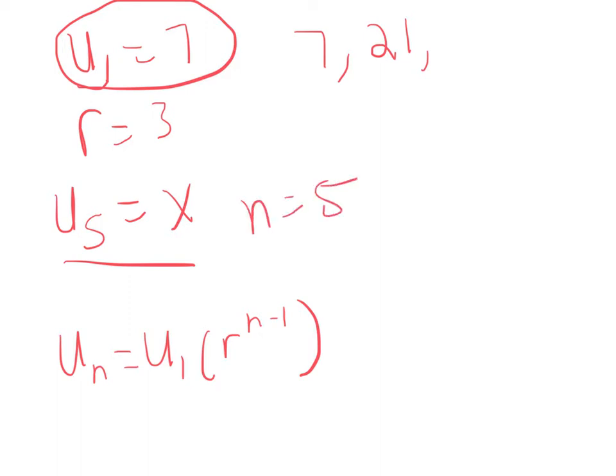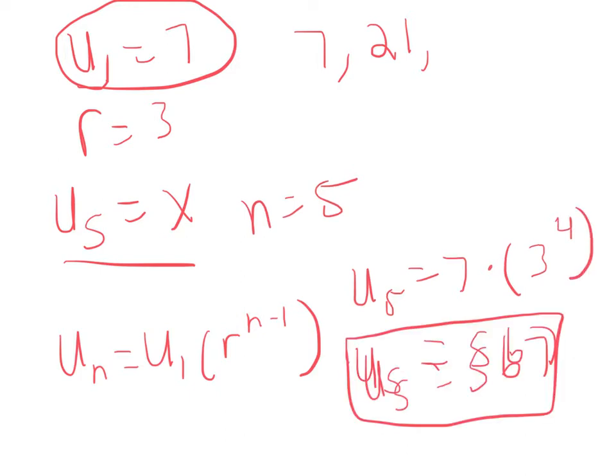So when we plug in what we want, u of 5 equals u of 1, which we know is 7, times the rate they told us is 3, to the n minus 1. Since n is 5, then n minus 1 would be 4. So we type that in the calculator, and on this particular problem, u of 5 equals 567. Boom.